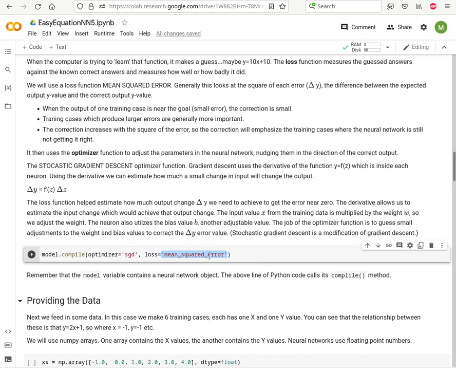The next question is, what's the mathematics that's used for nudging those weights in the right direction. You don't really need to know what most of those algorithms are. We're using a very popular one here called stochastic gradient descent.